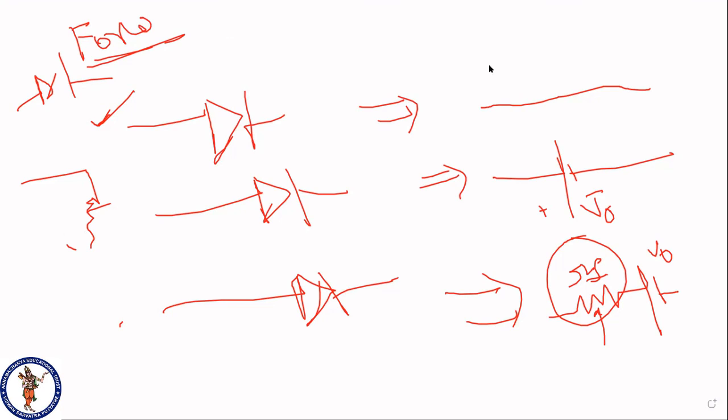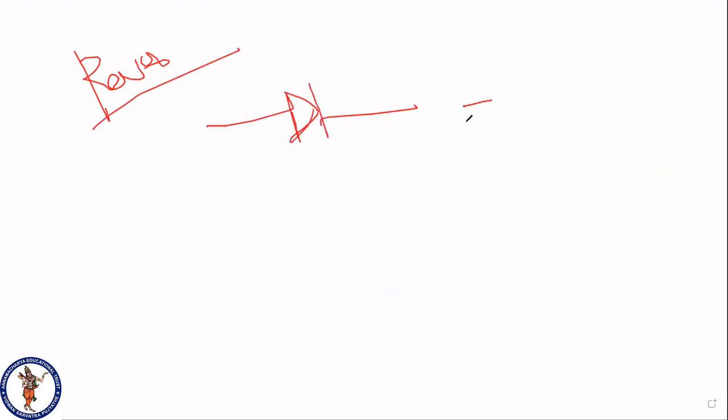And coming to the reverse bias, we have a diode in reverse bias. Let's say it has to be open circuit, which means there is no current flow ideally, but in practice it becomes a very small current.